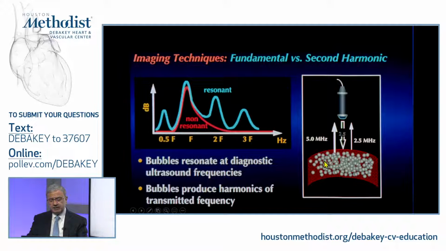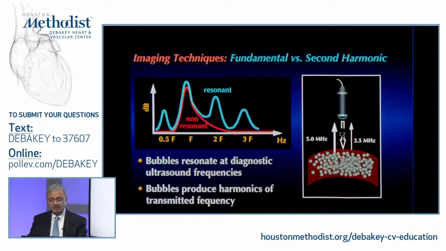The interesting thing is that these tiny microbubbles reflect a lot of the second harmonic. So if you set your transducer to image in second harmonic, you're going to greatly enhance the signal that is coming from the contrast itself.